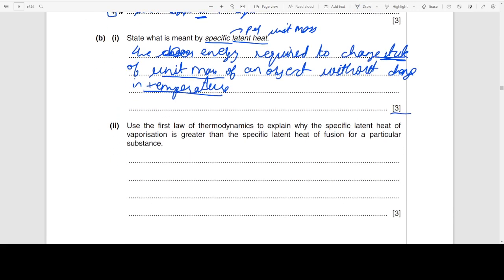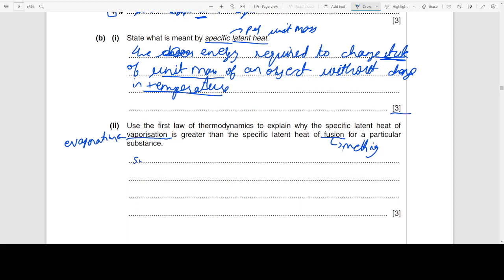Use the first law of thermodynamics to explain why the specific latent heat of vaporization is greater than the specific latent heat of fusion. So vaporization is similar to evaporation, and fusion is similar to melting. So guys, in evaporation, a liquid turns to gas. So there is far more separation between the molecules in gaseous form compared to liquid, and that separation is even less in solids.